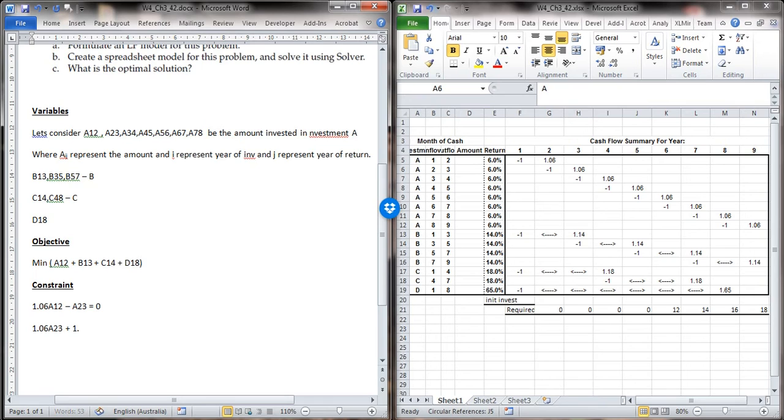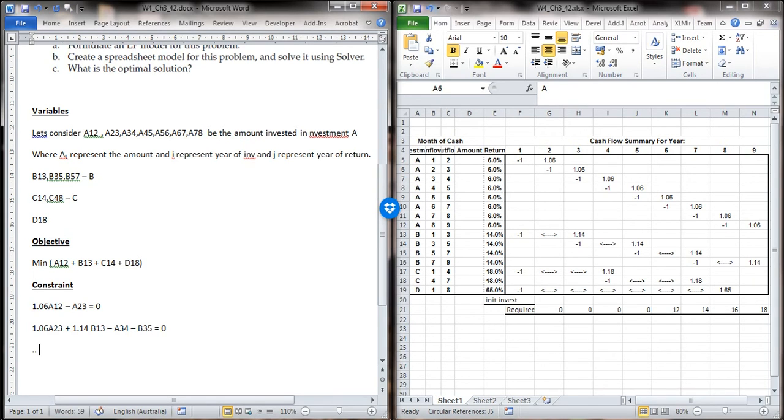So 1.14 B13 minus amount invested in A34 minus amount invested in B35 equals 0.